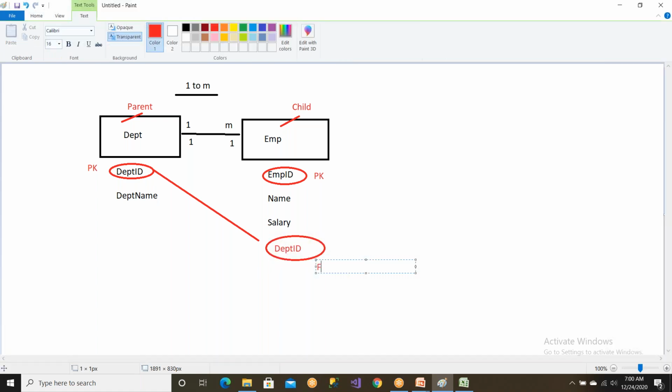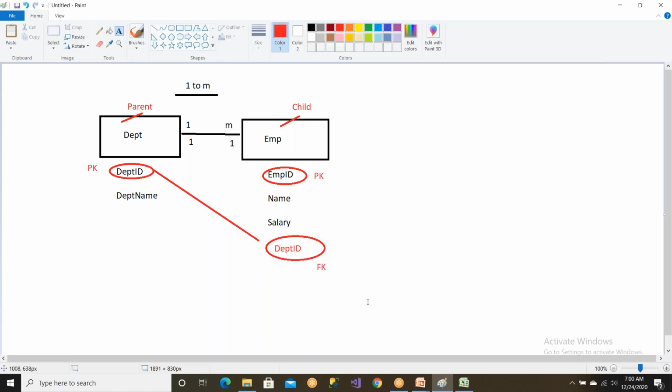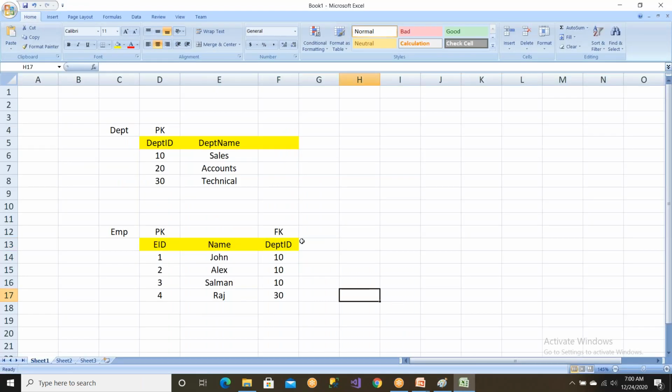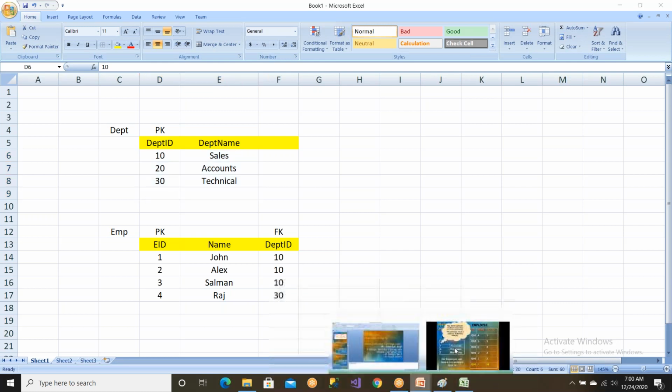Am I clear? If your design is good or bad, you will come to know when you use the design. So have some dummy data so that you will understand very clearly whether your design is good or bad. Am I clear?